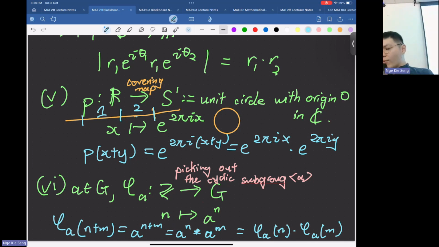So do you know what homomorphism means? Homo is what? Why is it homosexual? Same, good. Homo means same. So morphism is what? 形态.